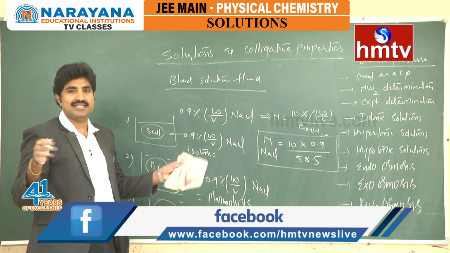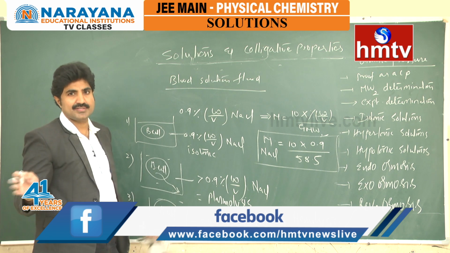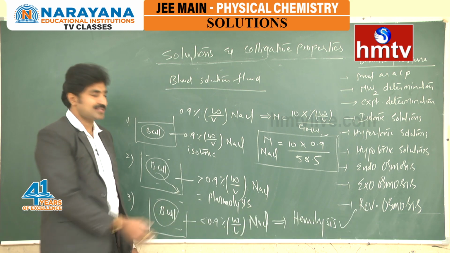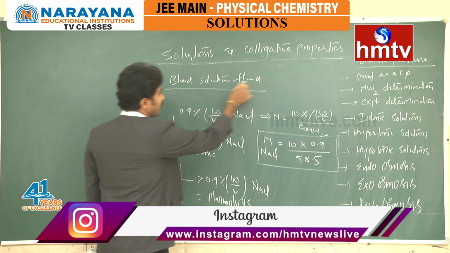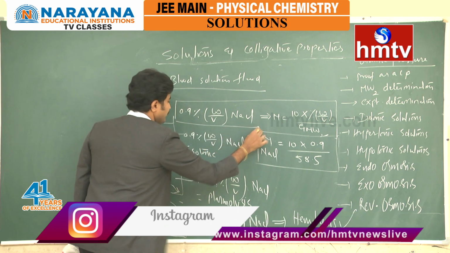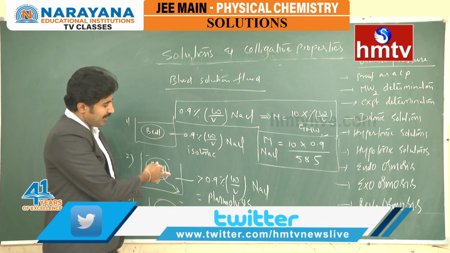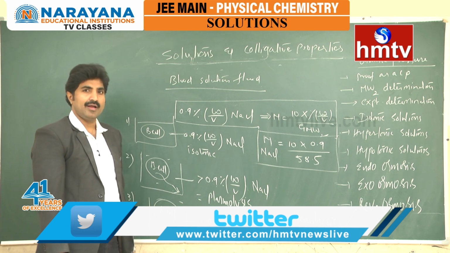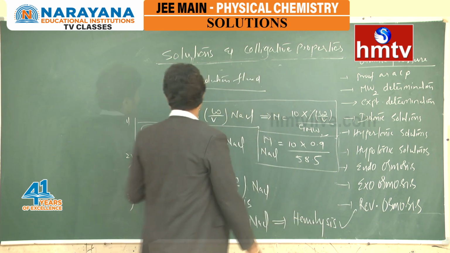Again the blood cell size increases, and it bursts, and that cleavage of the blood cell is called hemolysis. So by using this blood fluid concentration, we can understand isotonic, hypertonic, hypotonic, plasmolysis and hemolysis also. And finally, reverse osmosis.